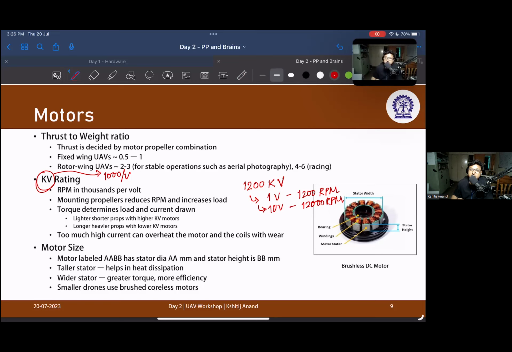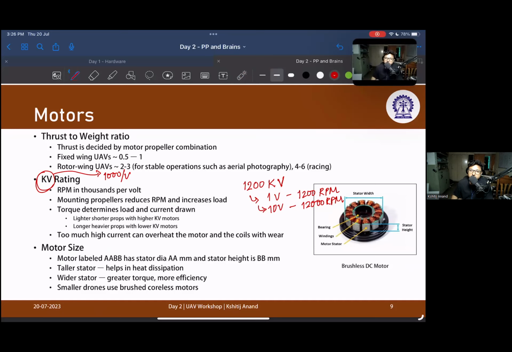Now, what kind of propeller or what kind of motor do you want? Torque determines the load and what current you are going to take. So if you want to use bigger motors, use smaller propellers.